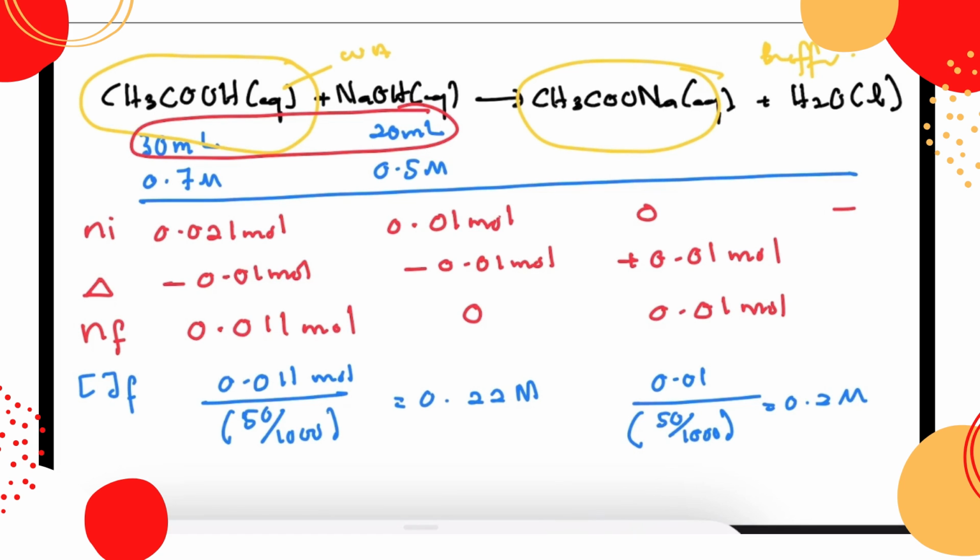Okay, so we have a salt which is 0.2 and a weak acid 0.22. Alright, so now because it exists as a buffer, we need to use the Henderson-Hasselbalch equation to solve the problem.